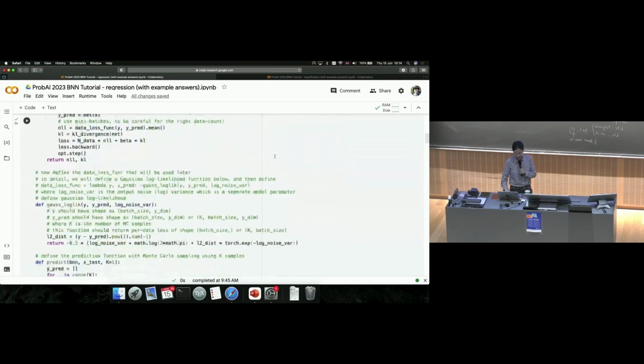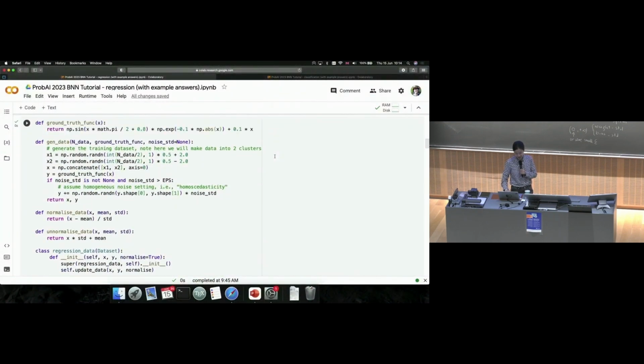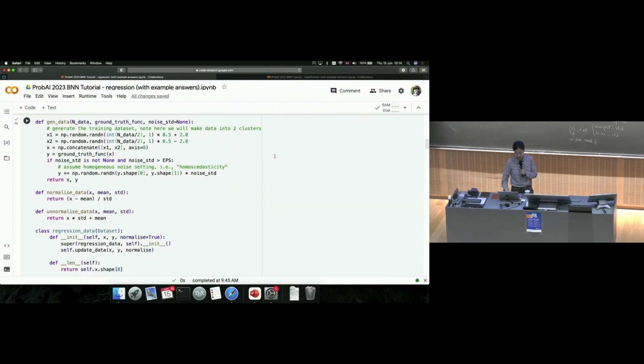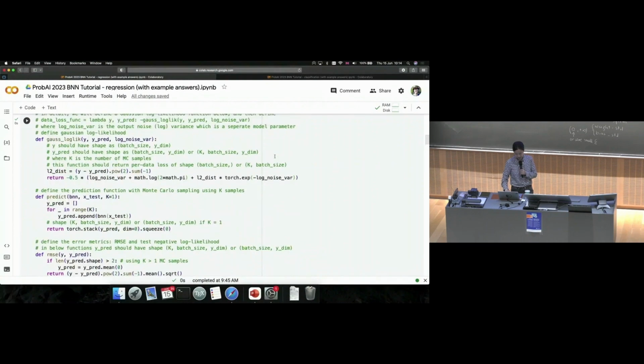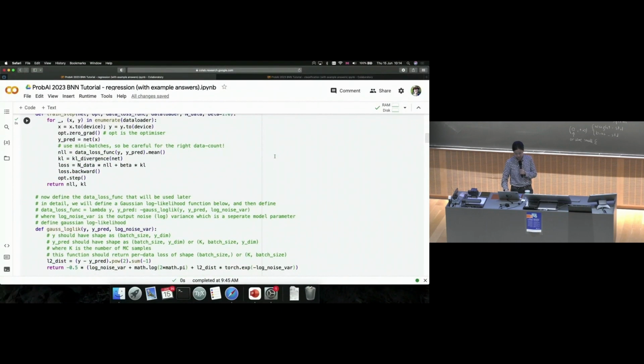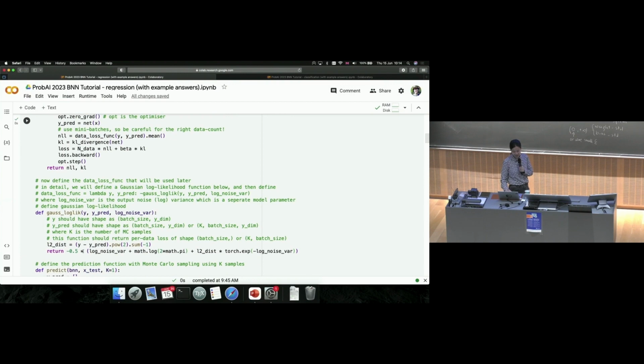Okay, so you can basically see that here are our examples. In terms of how you actually compute the objective, this is a regression problem. For a regression problem, you need to have a Gaussian likelihood.